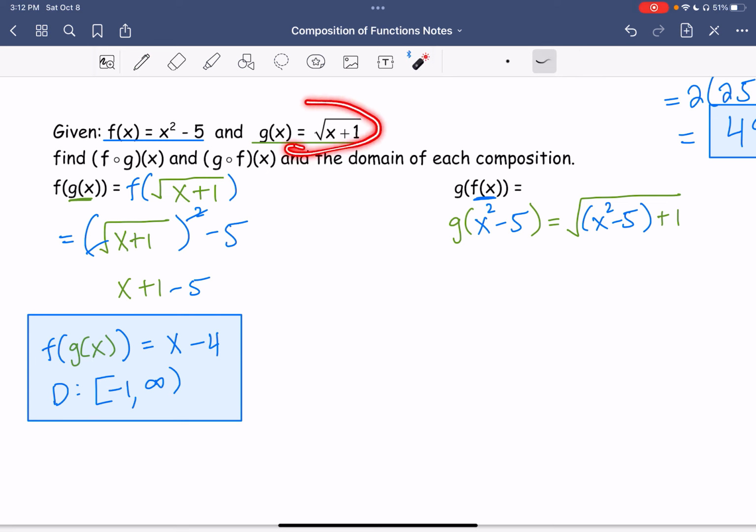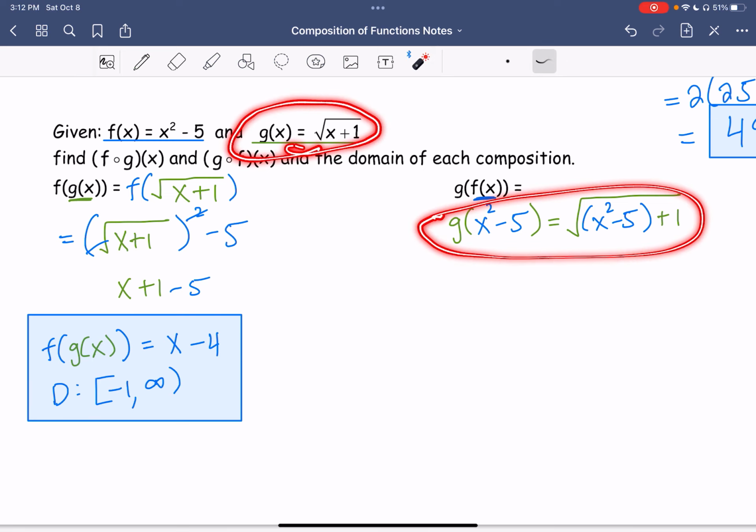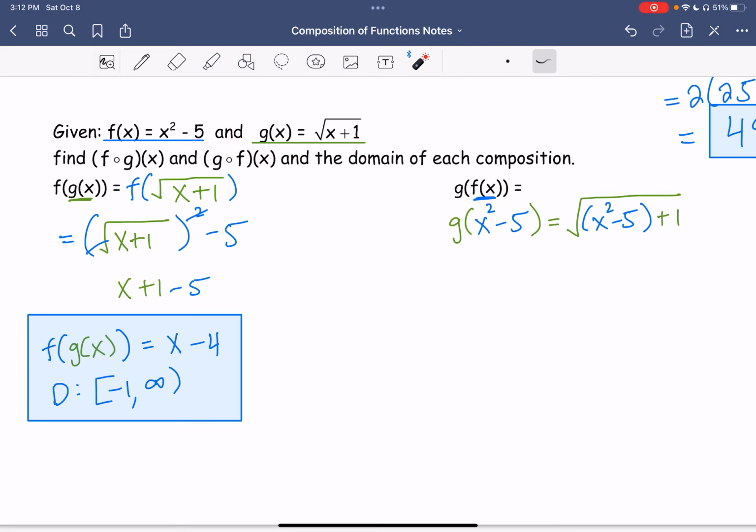Okay, so you can see that these two are exactly the same, except that the x's have been replaced with x squared minus 5. And then we just have to simplify. We actually don't need those parentheses under the square root, so we can just rewrite it as x squared minus 5 plus 1. We can rewrite it because there's no like terms, there's nothing for us to combine or anything.